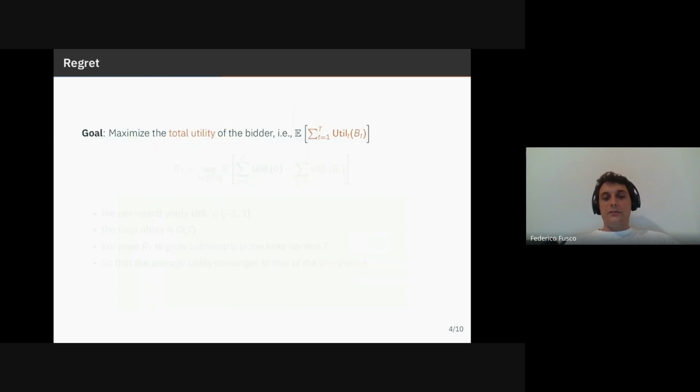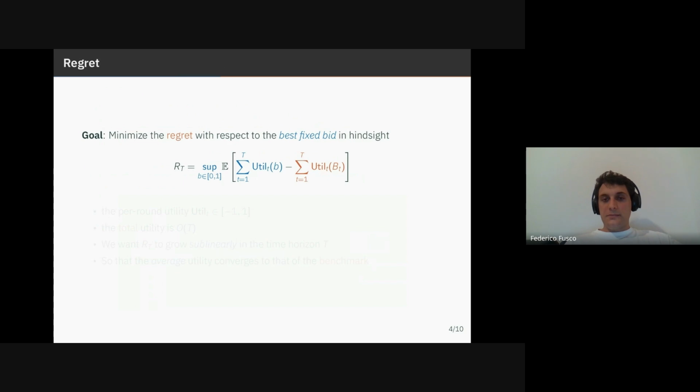Okay. From the bidder perspective, clearly the natural goal is to maximize the total utility across all time steps. Since we are using an online learning perspective, it's more natural to focus on a different and in some way actually equivalent objective, that is minimizing the regret.